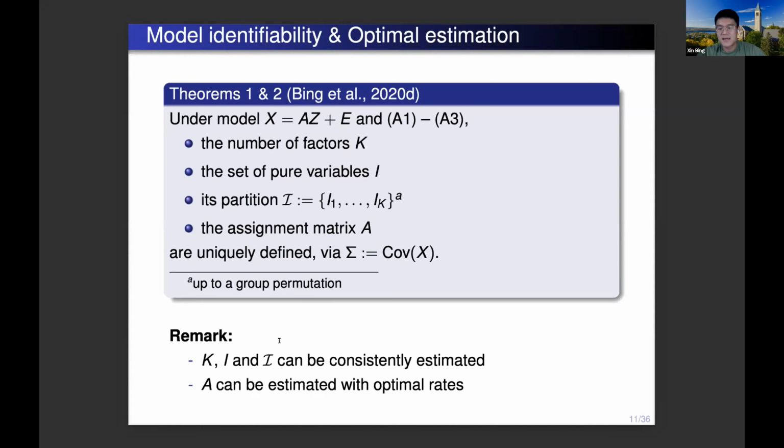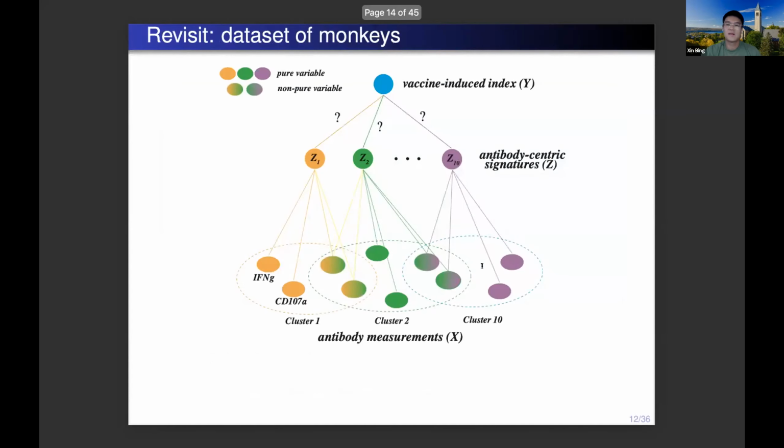And the assignment matrix A can also be estimated with the optimal statistical convergence rates. So these are all proved results from the previous paper, and armed with all these results, we can apply them to our data set to form the clusters of those antibody measurements, and we obtain 10 clusters in total. These circles represent how we group those antibody measurements.